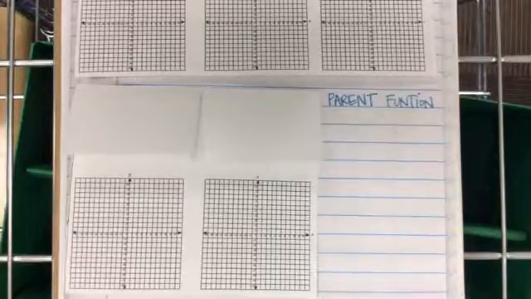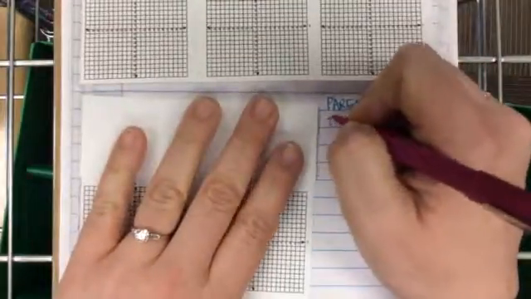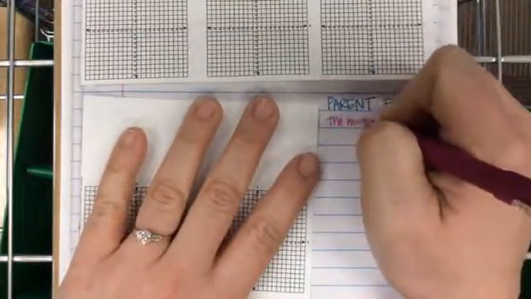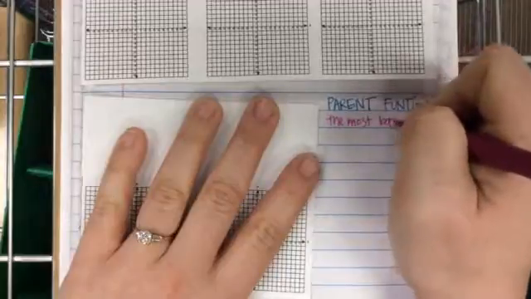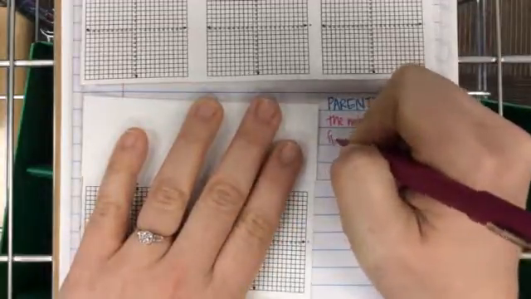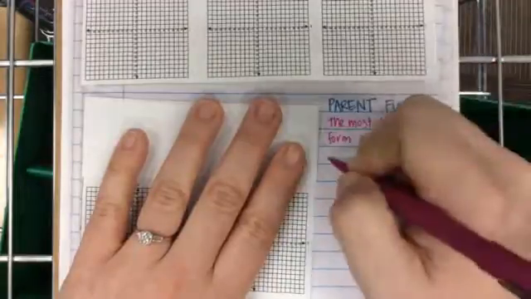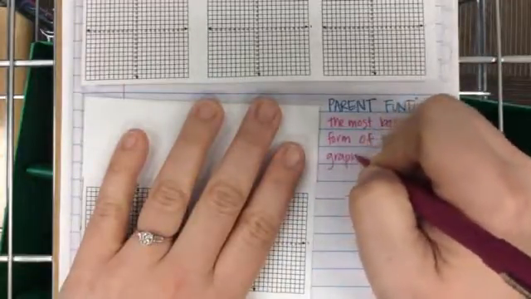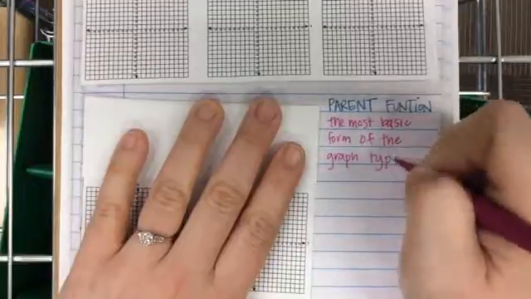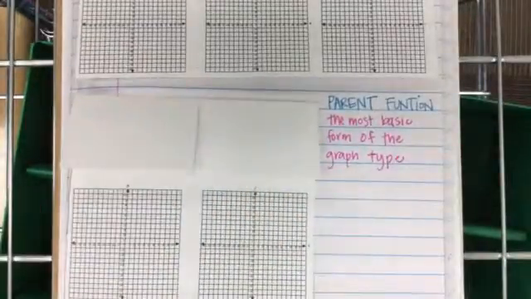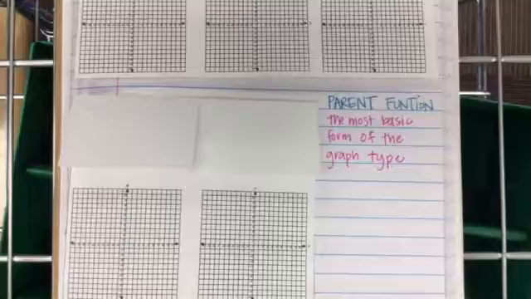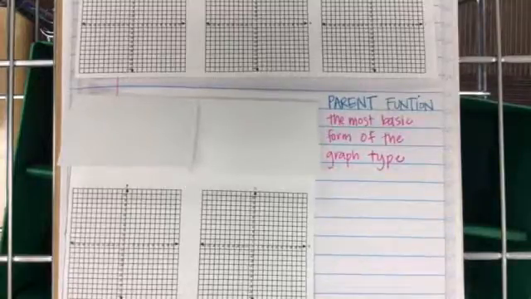A parent function is the most basic form of the graph type.